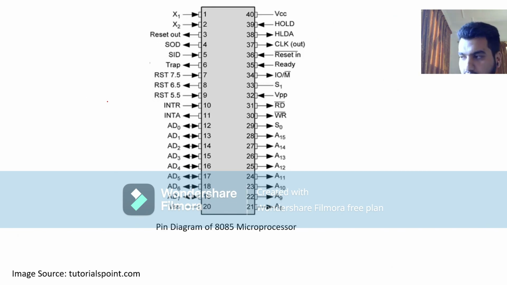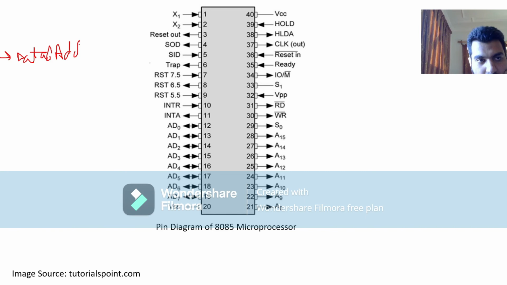As I said earlier, the pin diagram and the architecture are important when we are discussing the microprocessor 8085. The number of pins of the 8085 processor is 40, as you can see. This pin diagram of the 8085 can be divided into seven segments. First is the data and address bus.